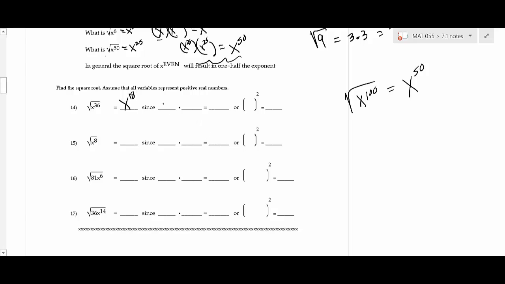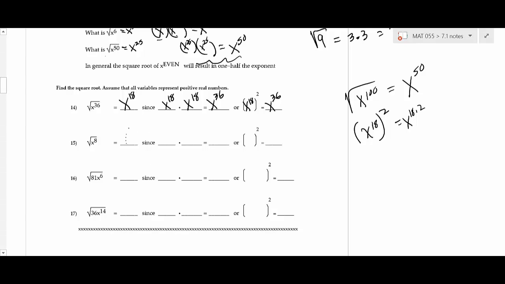The reason is because x to the 18th times x to the 18th is x to the 36, or you can look at it this way, x to the 18th squared is x to the 36. When you have two exponents, like an 18th power to a second power, that's when you multiply exponents. So you can look at it that way too. But you need to understand the y part, or you'll forget this the minute you walk out the door today.